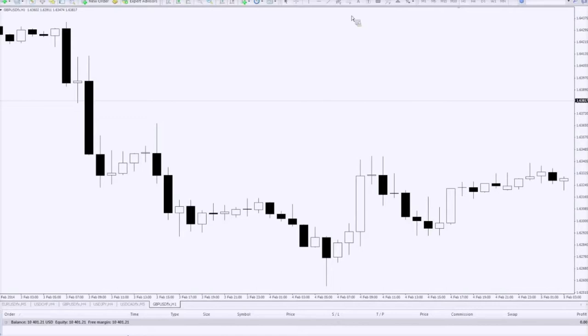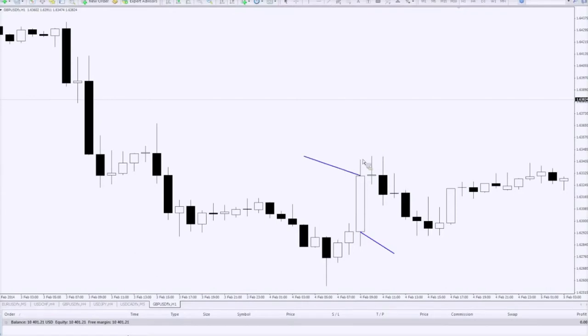All right? The 4 bits of information you get on the candle is the opening price. You get the closing price.